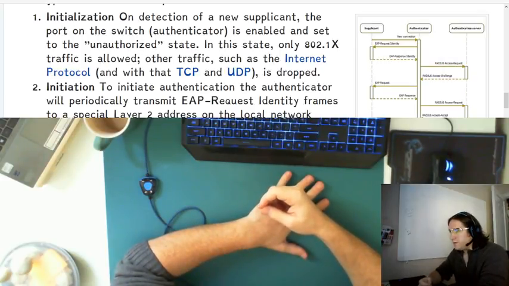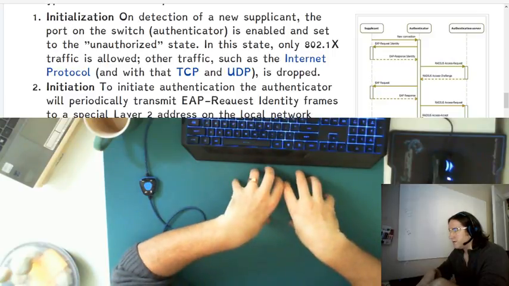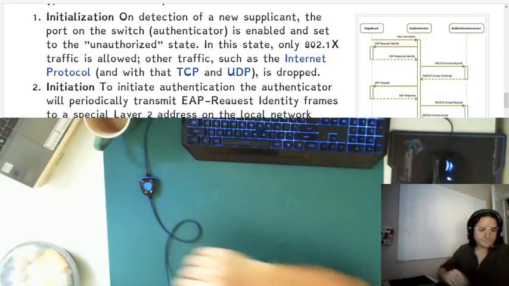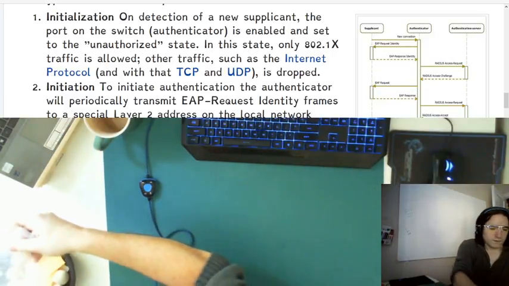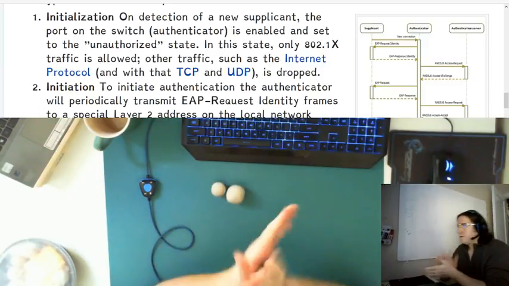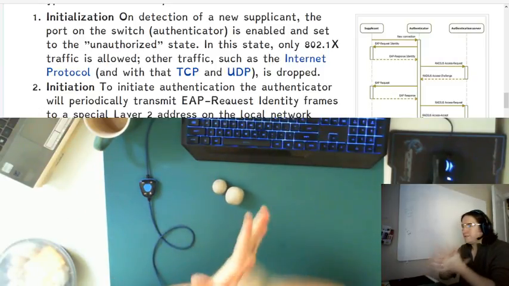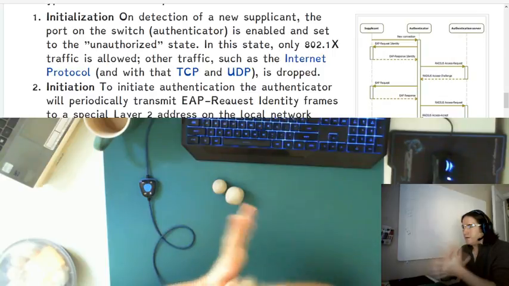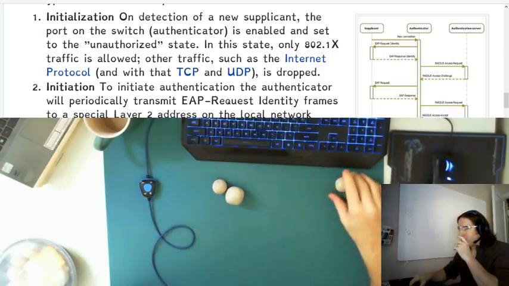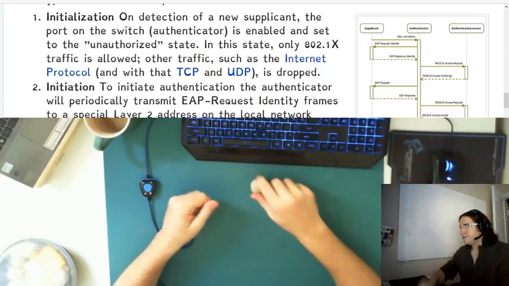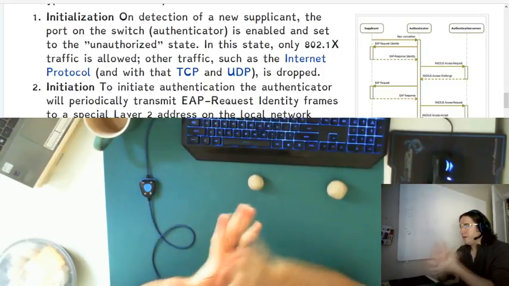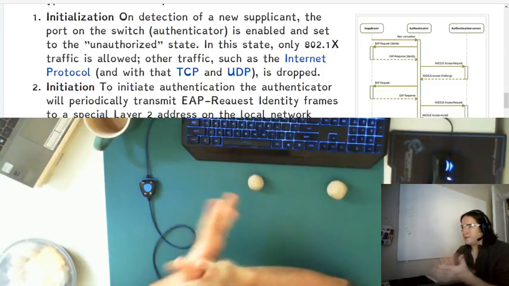The port on the switch, the authenticator, is enabled and set to unauthorized state. In this state, only 802.1x traffic is allowed.